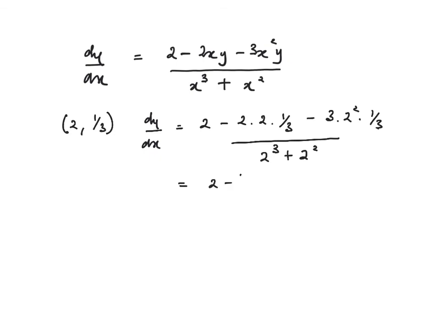That's 2 minus 4 over 3 minus 12 over 3, which is 4, all over 8 plus 4, which is 12.